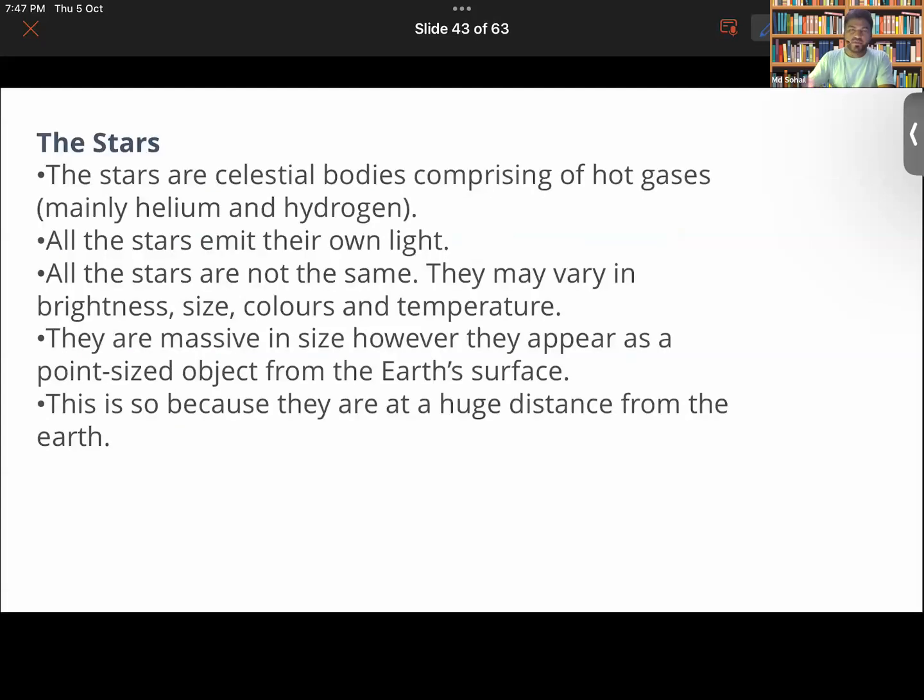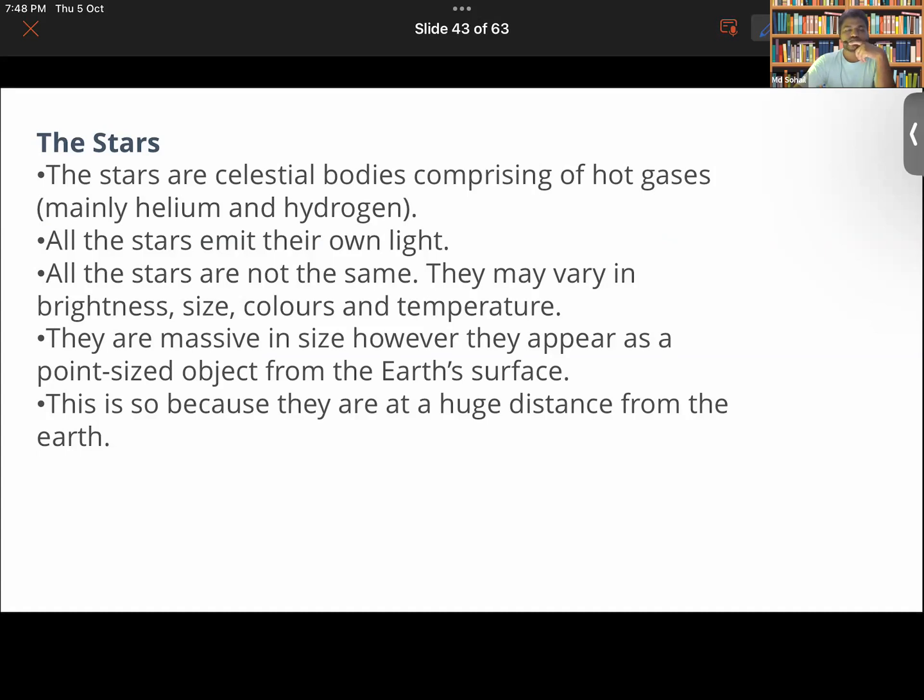Okay, now talking about stars. What do we know about the stars? Sir, they are big balls of helium and hydrogen gas, which are bound together due to gravity, and they are very huge.